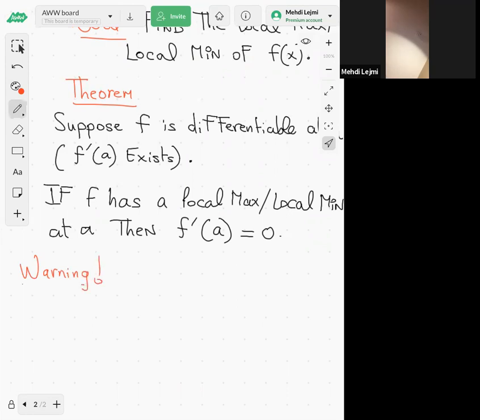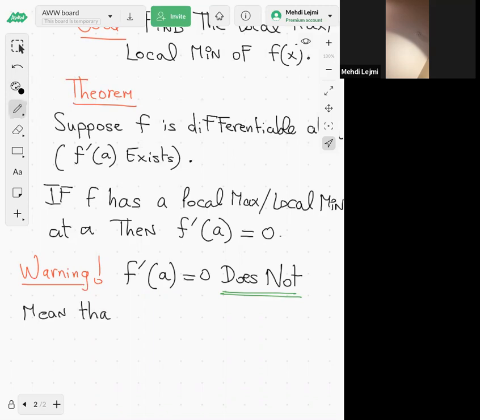So f prime of a equal to 0 doesn't mean that f of x has a local maximum or local minimum at a.